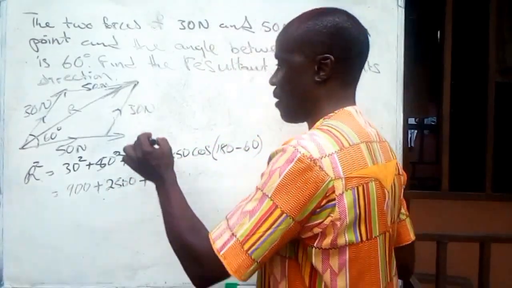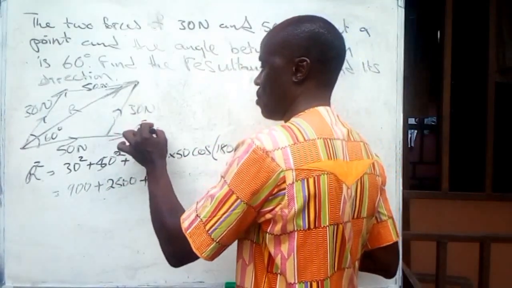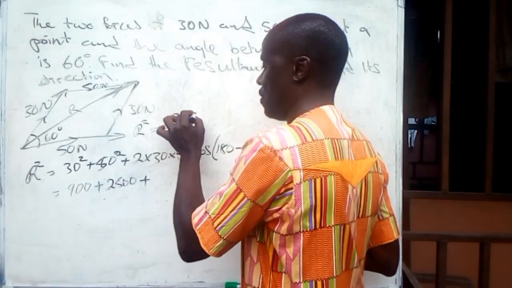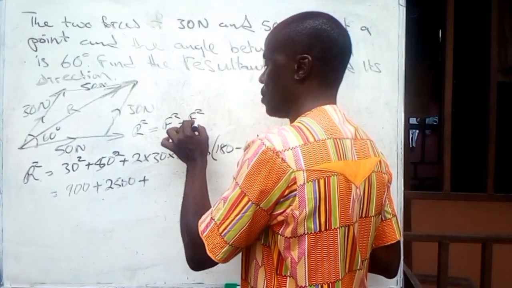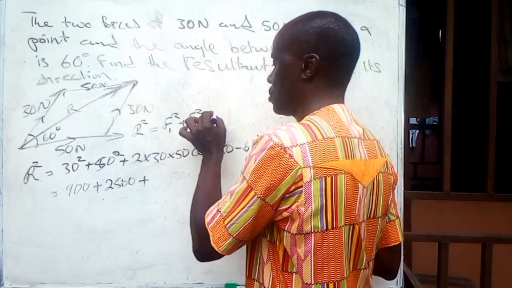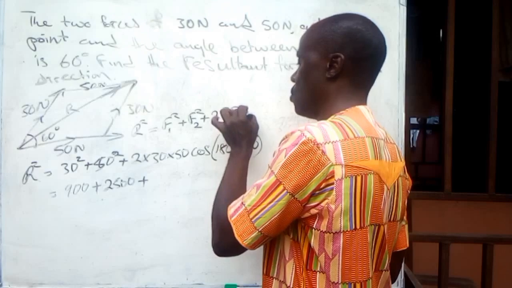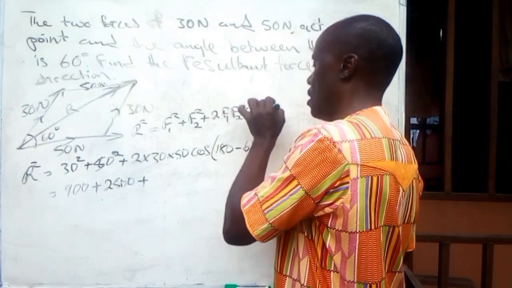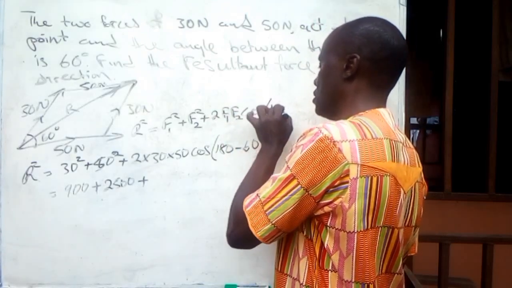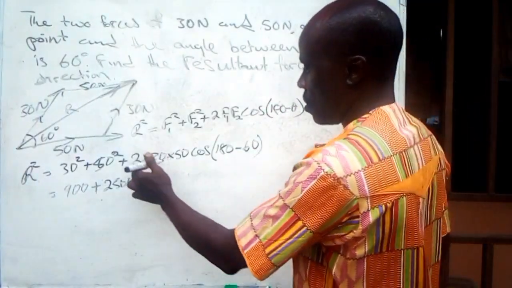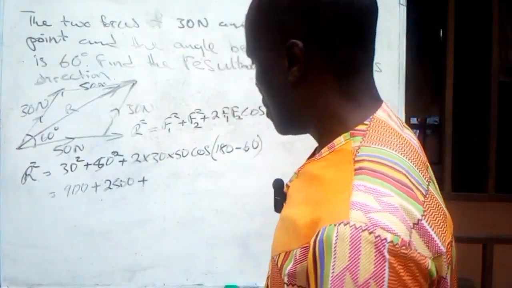Remember, according to our formula, R squared is equal to F1 squared plus F2 squared plus 2 F1 F2 cos of 180 minus theta. So these other ones we have here, let's quickly run it.